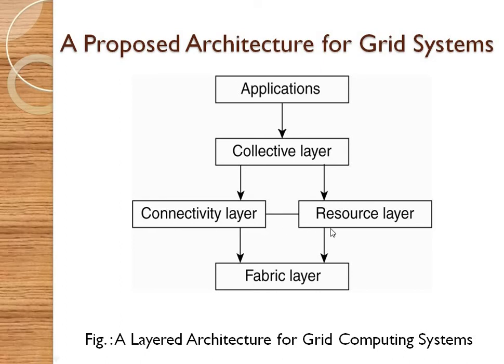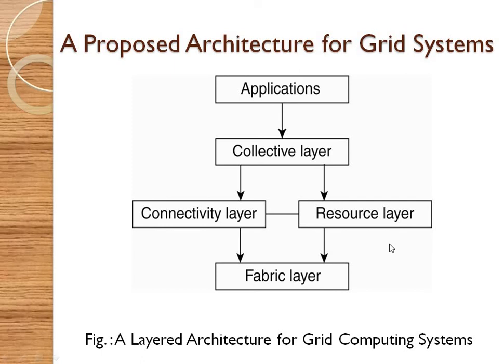The third is the resource layer, which is responsible for managing a single resource. It uses functions provided by the connectivity layer and calls directly the interfaces made available by the fabric layer. For example, this layer will offer functions for obtaining the configuration information on a specific resource, or in general to perform specific operations such as creating a process or reading of data.